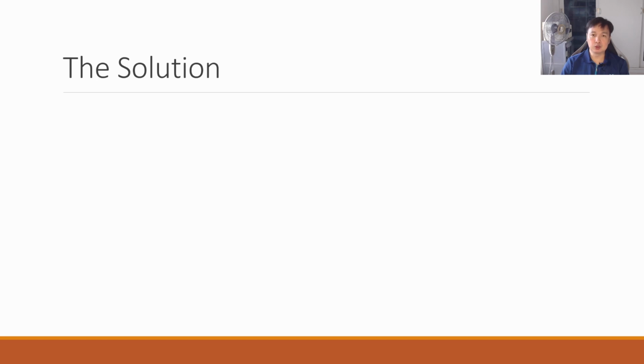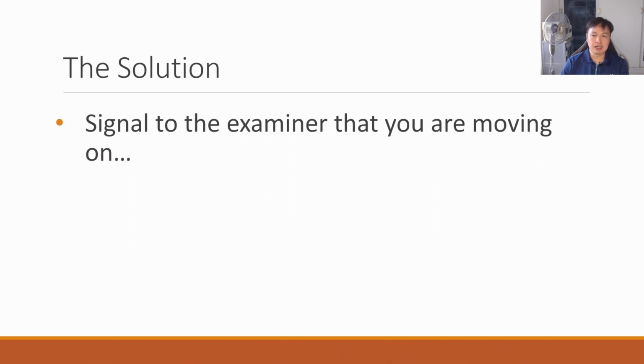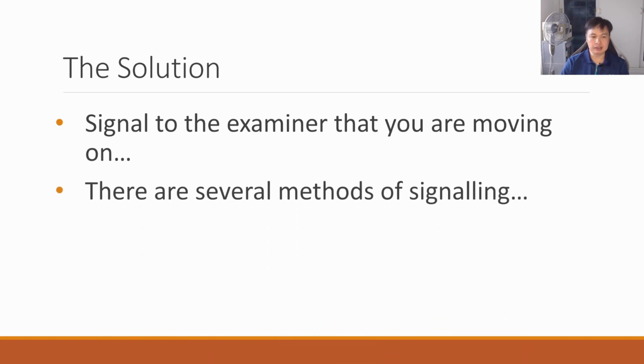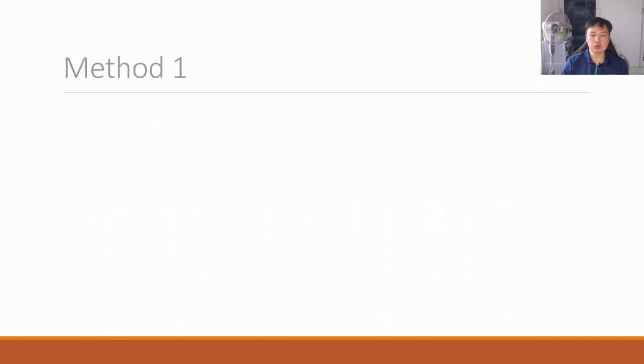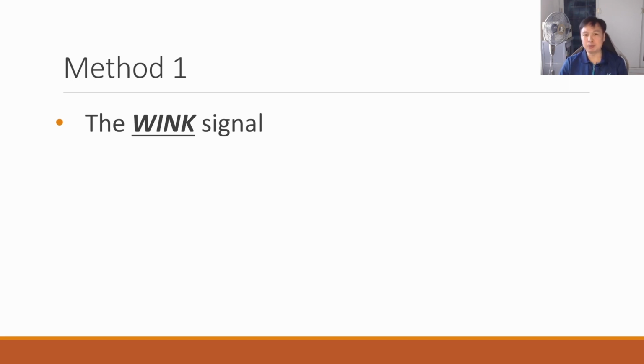So as for the solution, there are several methods to signal to the examiner that you are moving on, all right? So let's quickly move on to method number one. Method number one, I call it the wink signal, right? And if you think that you are finished with the point, right, and you're ready to move on, and yet the examiner is just staring at you stupidly, right, and then not giving you any prompts, then you just do this, okay?